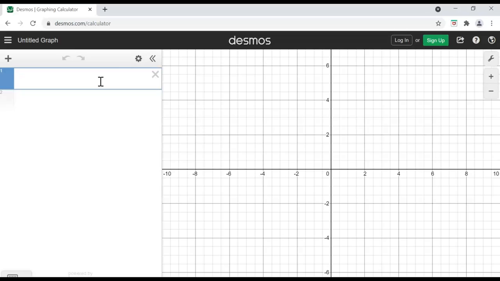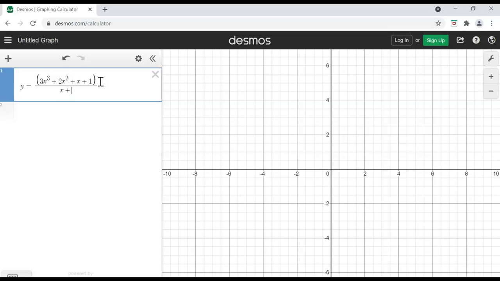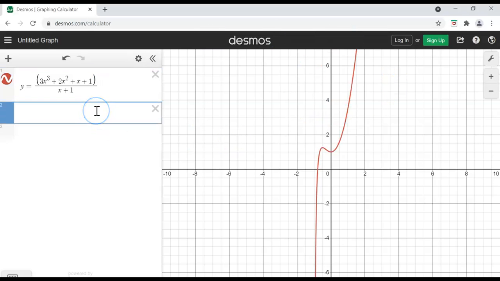Okay, so the function was y equals 3x cubed plus 2x squared plus x plus 1, and that was divided by x plus 1. Alright, so we get this kind of wonky looking thing. And we said that it should get closer and closer towards 3x squared minus x plus 2.